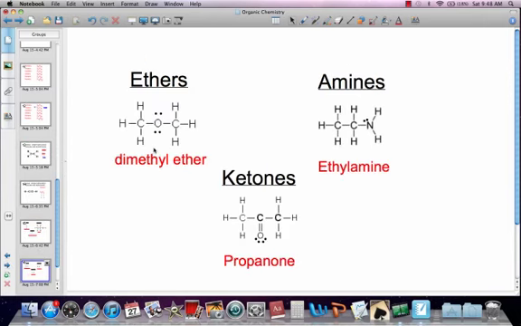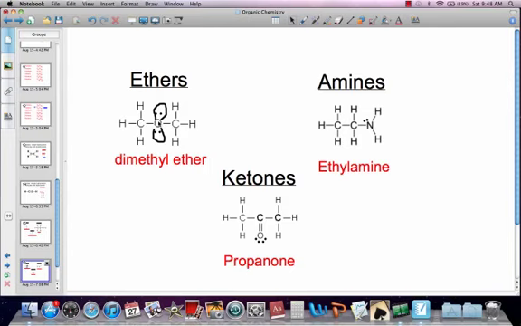Okay, here's a new one. If I have an oxygen in the middle of my carbon chain, I like to do little loops around my extra pairs of electrons. I tend to do that in bonding, and I refer to those as my ears for the ether bunny. This is called an ether.